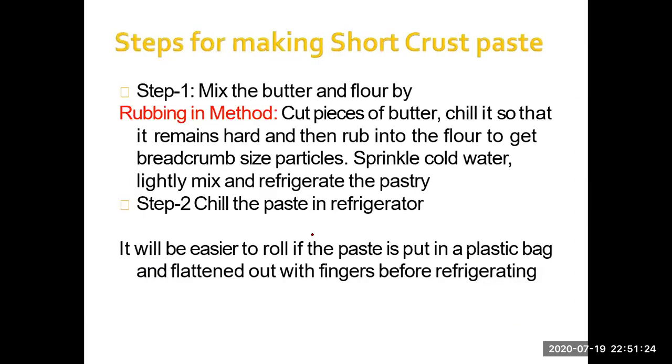So how do we prepare short crust pastry? First, mix the butter and flour by the rubbing method. What is the rubbing method? You rub butter into flour. You cut the butter into pieces, chilled or hard, and rub it into the flour to get breadcrumb-sized particles of the butter and flour mixture.